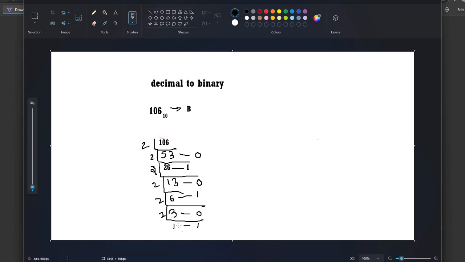So you have to write the answer in this order.